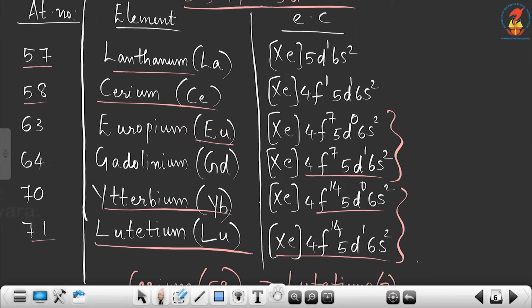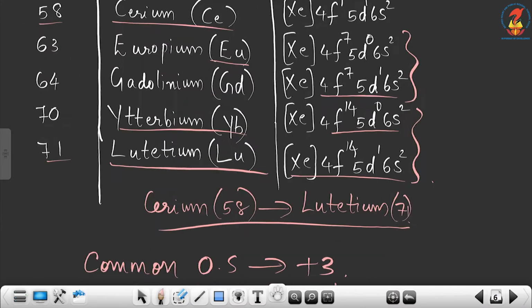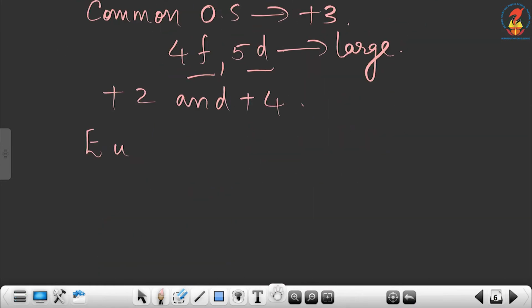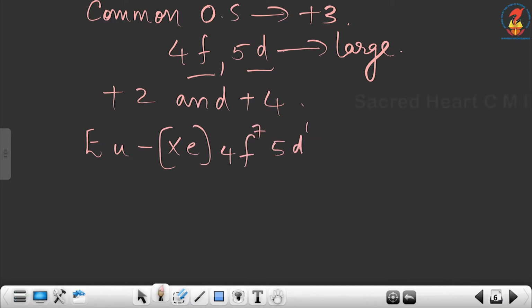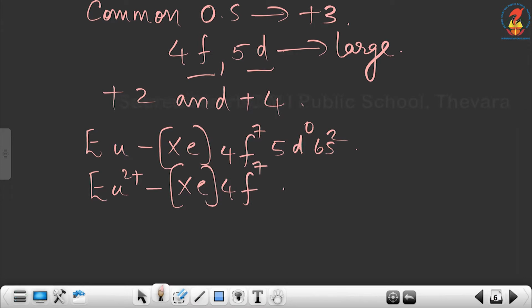Europium is xenon 4f7 5d0 6s2. Now europium takes the +2 configuration so that it gets the half-filled 4f stable configuration.